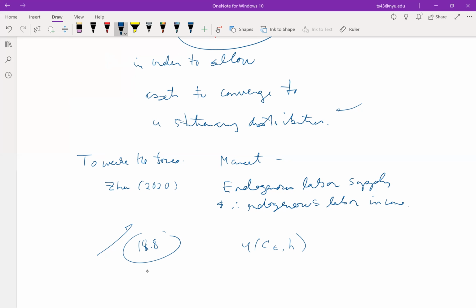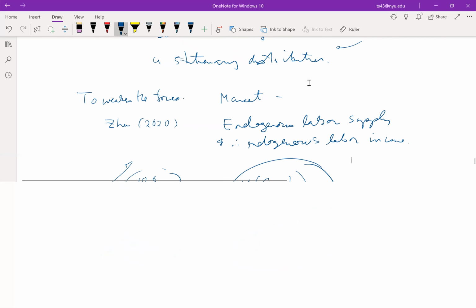That changes the self-insurance motives, and it can lead assets to converge. So that was another way that forces have been weakened. But this force that Chamberlain and Wilson analyzed so beautifully is going to be present all over the place.